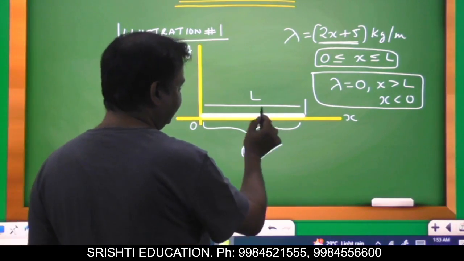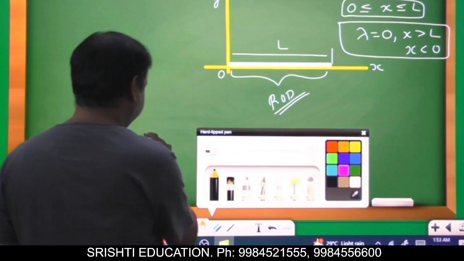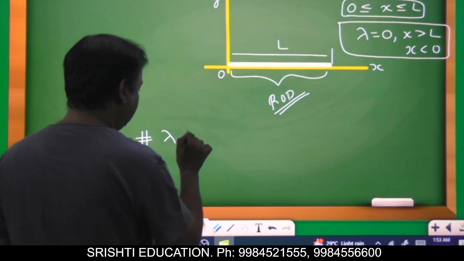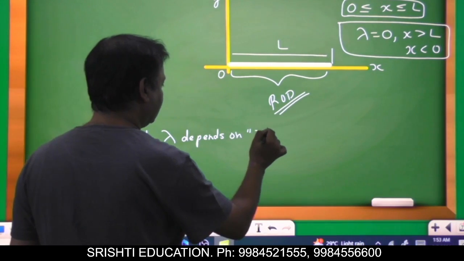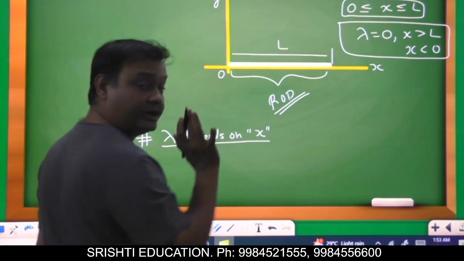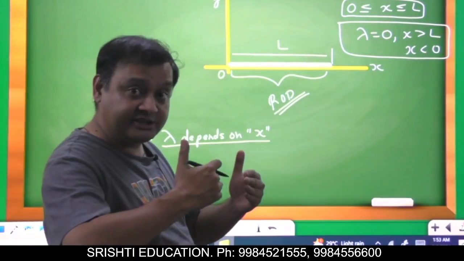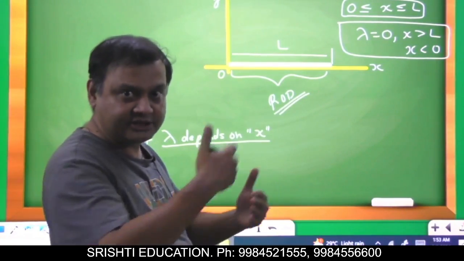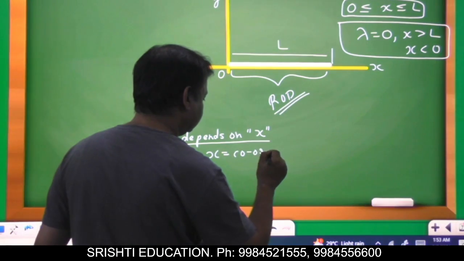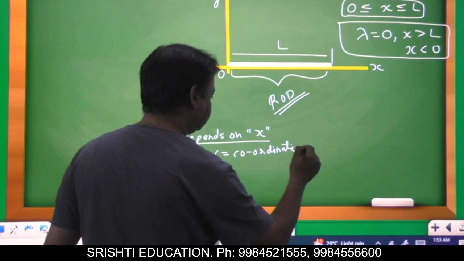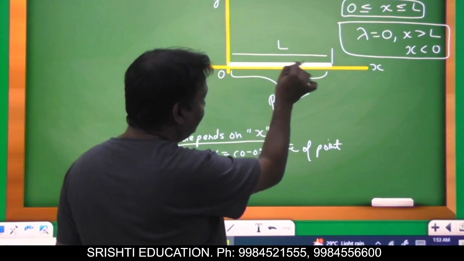In this case, lambda is given as a function of x. The first key point is lambda depends on x, and x is the coordinate of the point on the rod. So x is changing continuously from one point to another point on the rod.